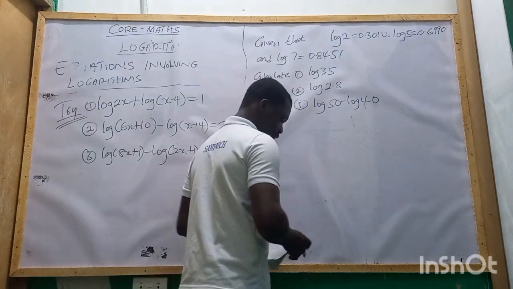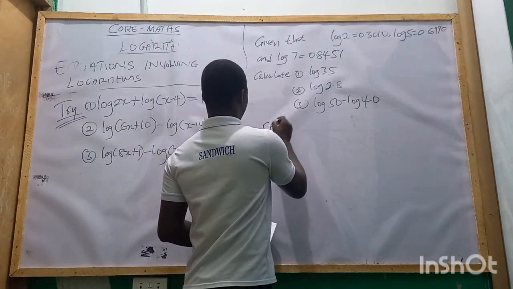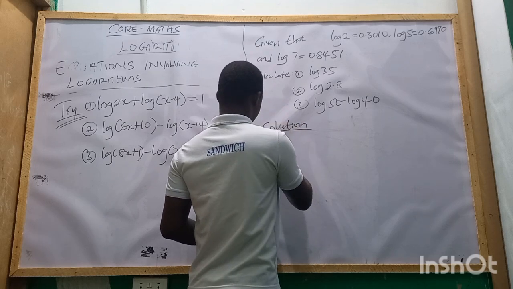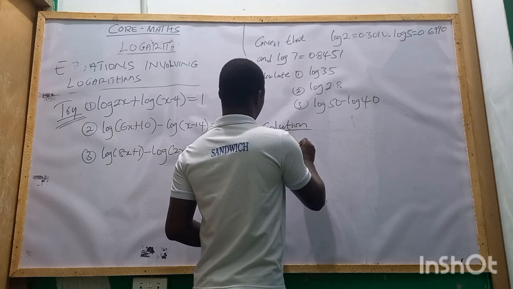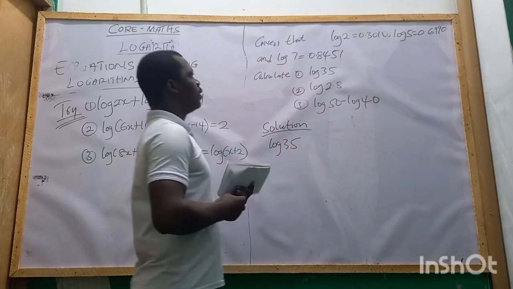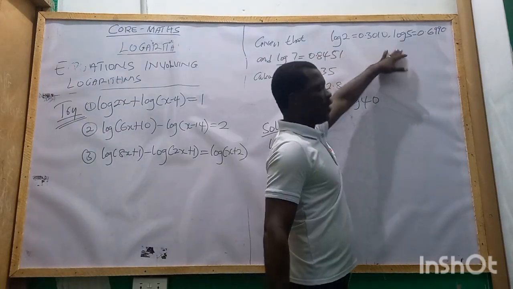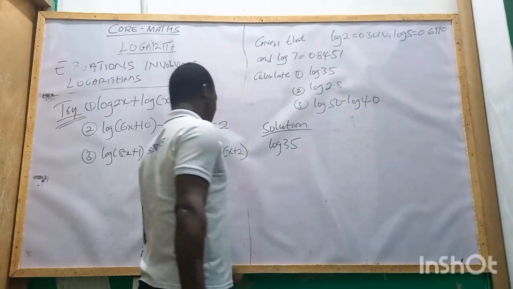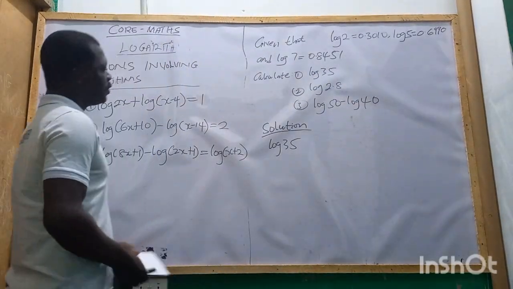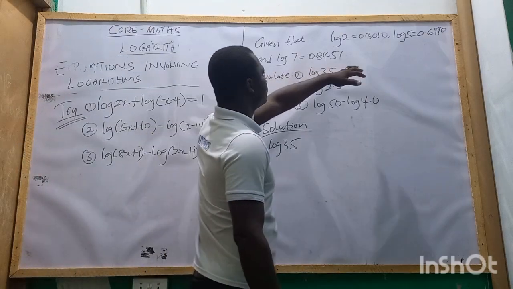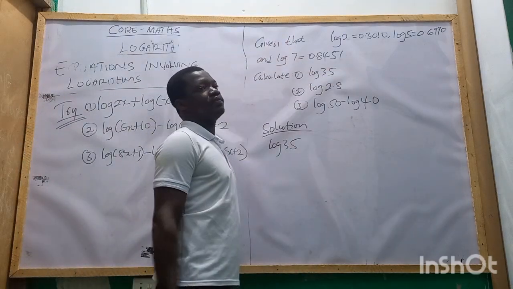Log 35. Solution. Now we have been given log 2, log 5, and log 7, right? And we are asked for log 35, and we don't have log 35 here. So what will we do?